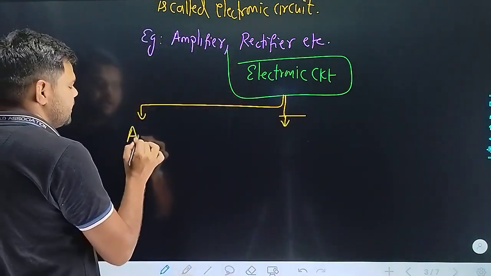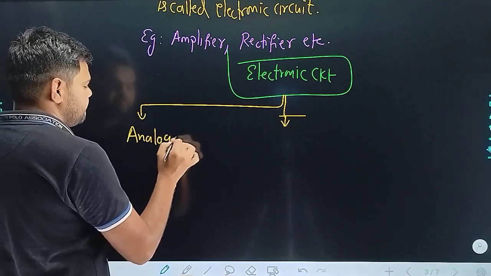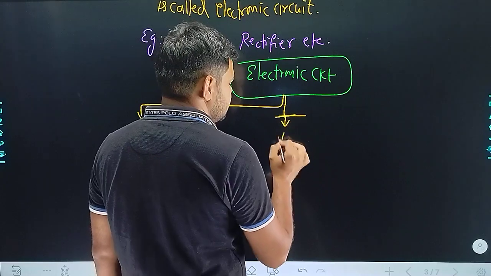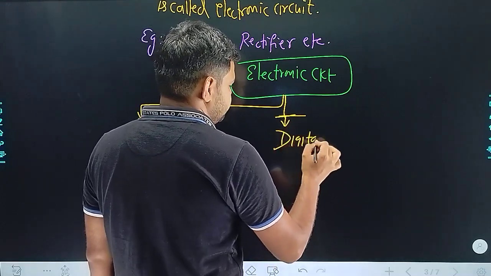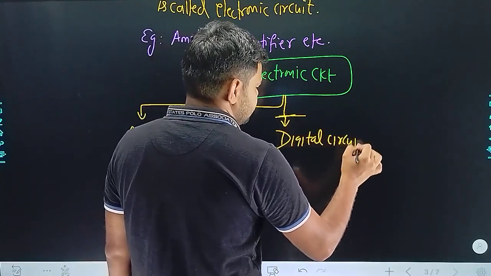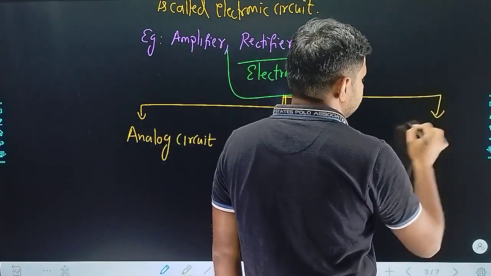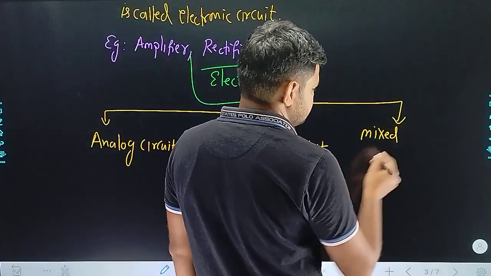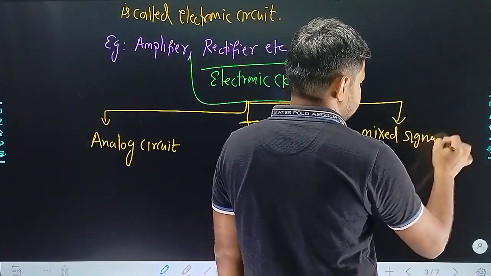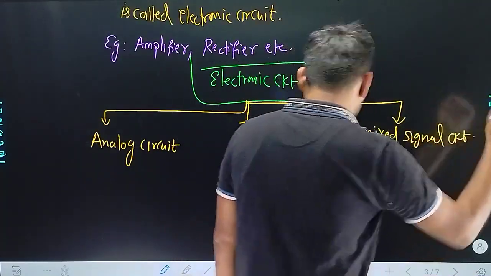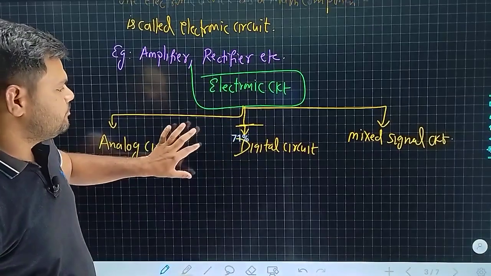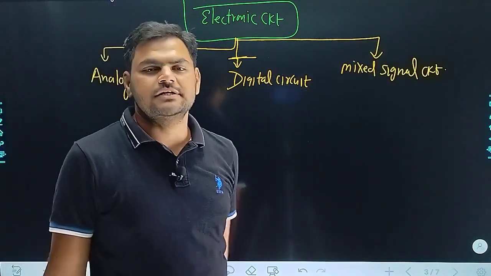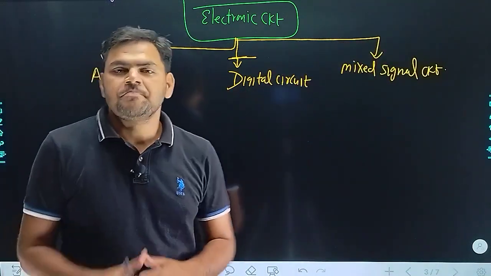The first is analog circuit. The second is digital circuit. And the third one is mixed signal circuit. Okay, note it down. Note analog circuit, digital circuit, mixed signal circuit. Note each and every point.